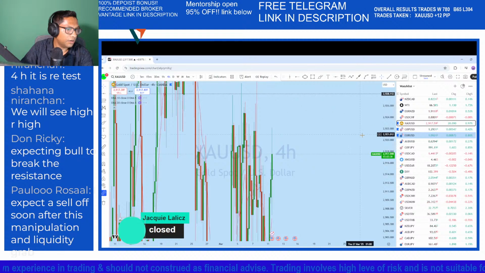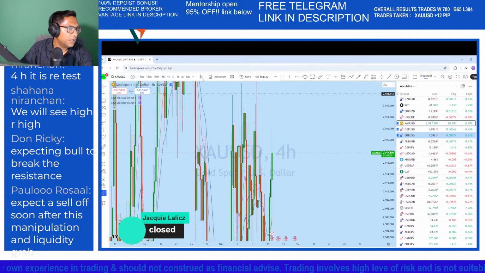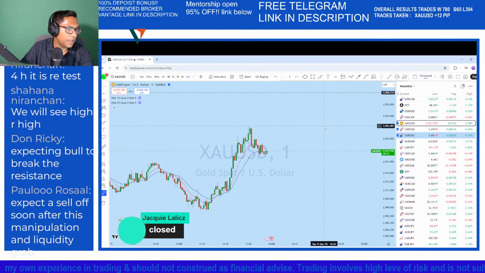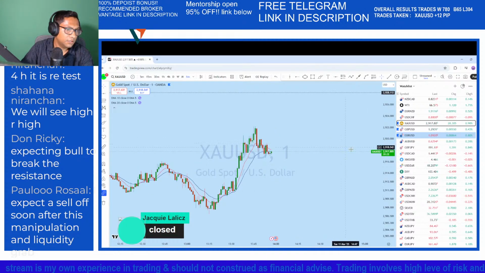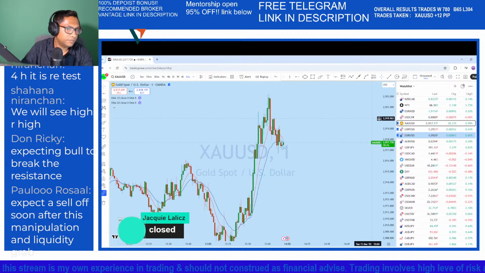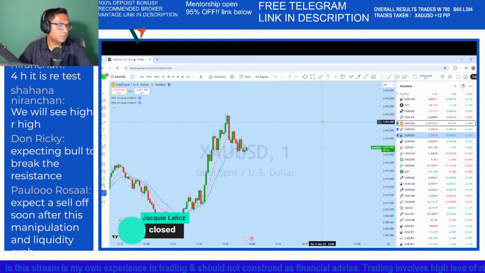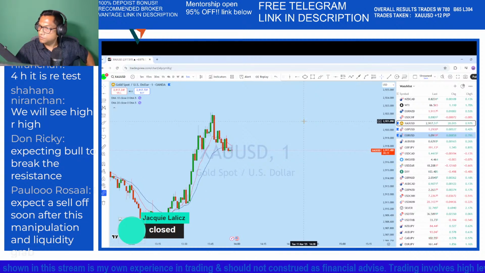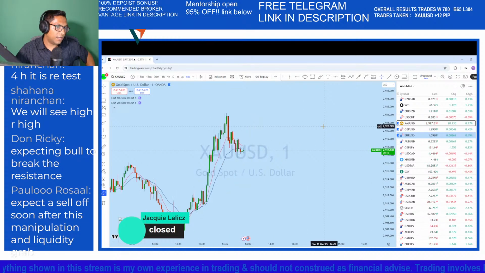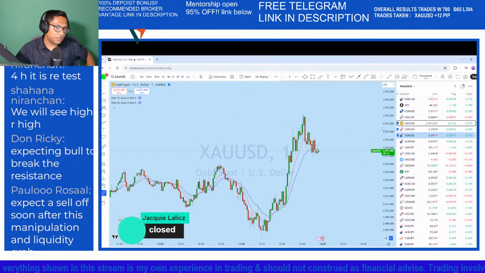The 4 hour here, pretty strong bullish move. And now the question is, is the market trending to the upside or breaking back below again to the support level? That we can know only from the actual data release.